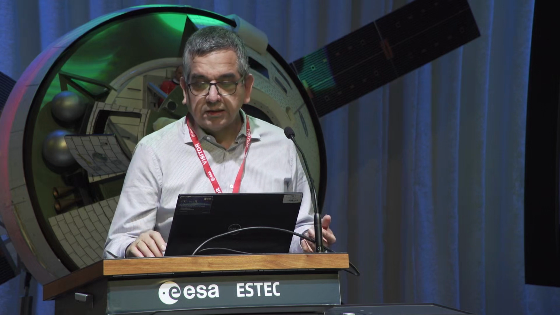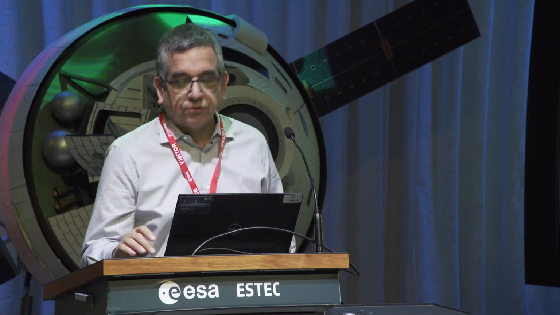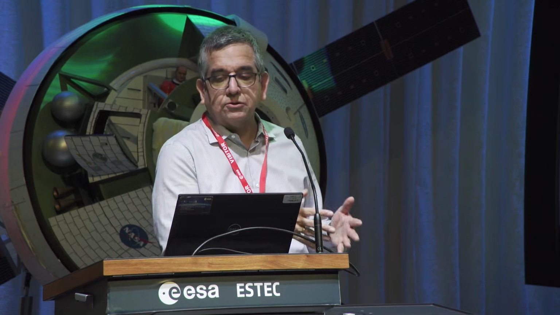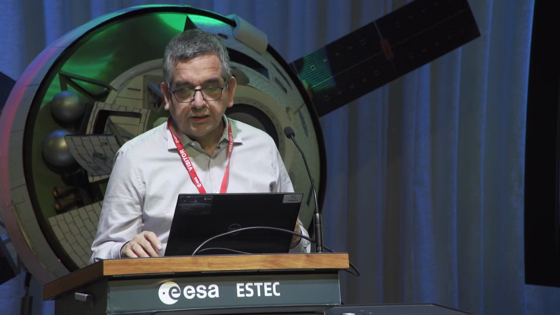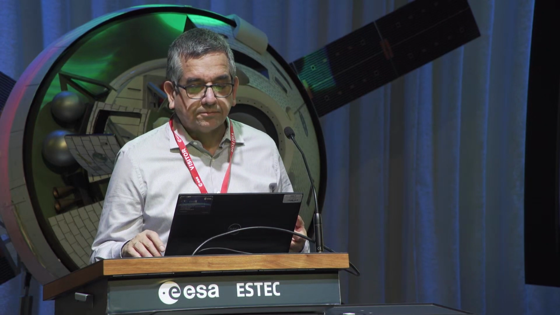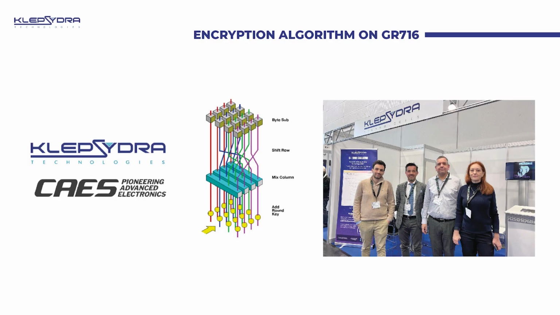Like I said, it's a single core, so it's really a theoretical effort, but the results show that with RTEMS, which is a real-time operating system we use, and with the Leon 3 architecture, the benefits of lock-free are still there. Moreover, some of you may have been to the Bremen Space Expo. There we had a demo together with Geisler showing a Rijndael encryption algorithm running on the 716 quite efficiently.